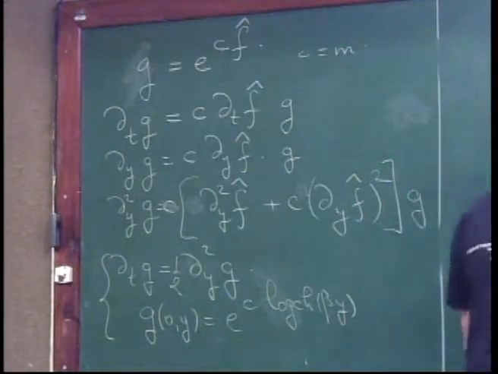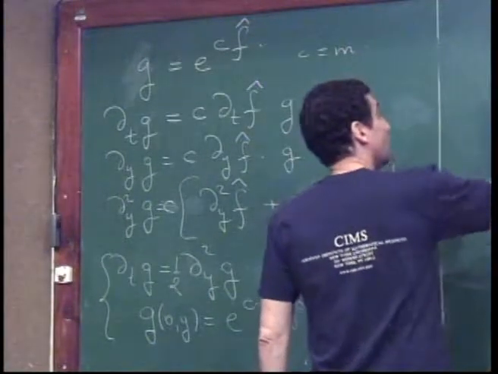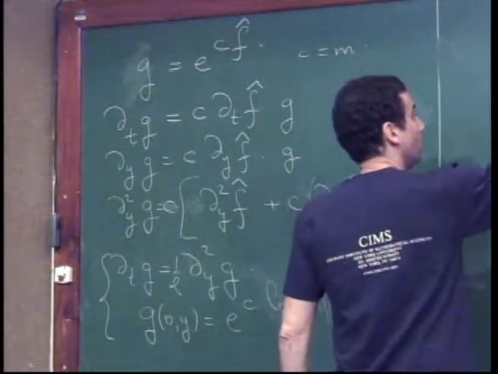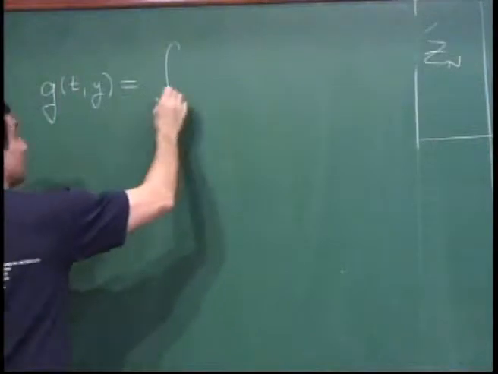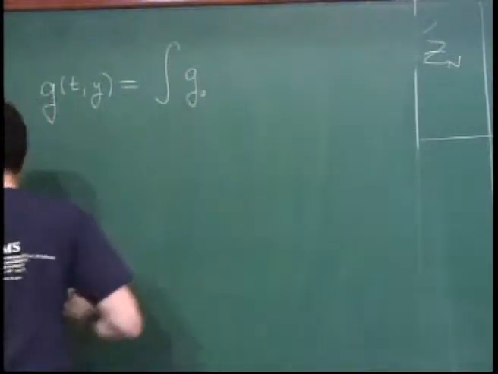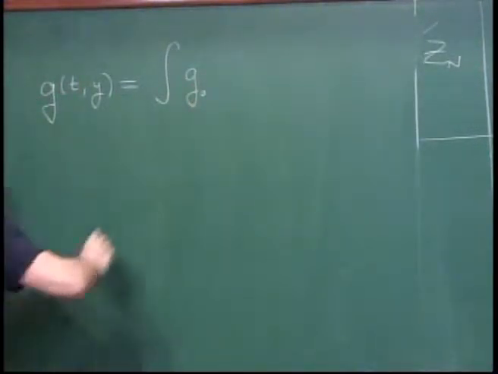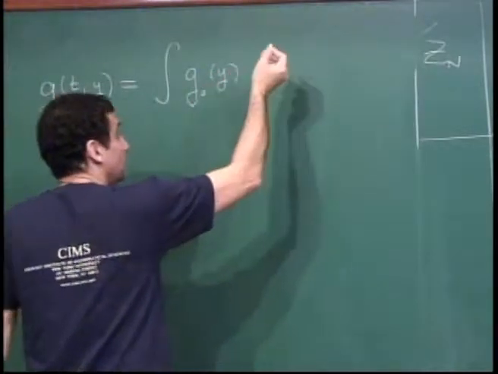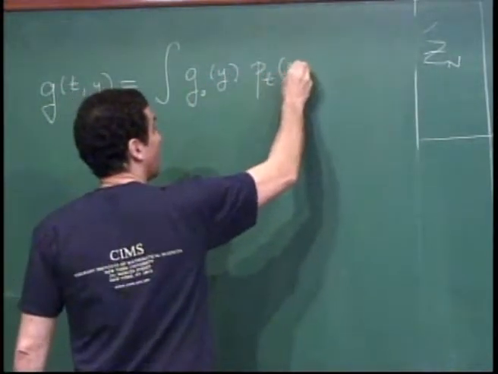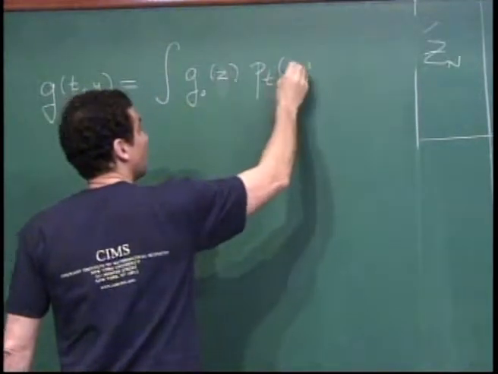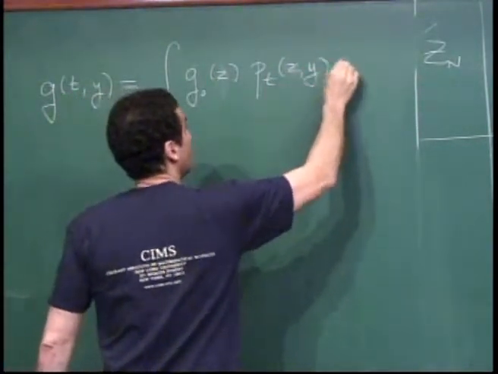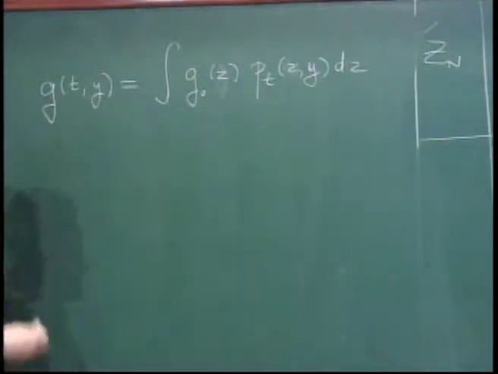So G at time t and y is just the integral of the initial function, G0, of z, times the heat kernel, dz.